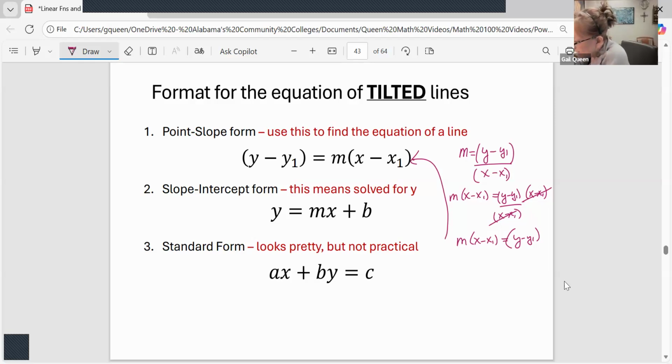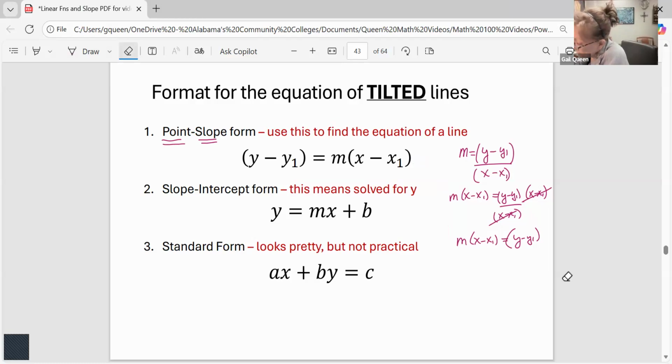And it's called the point slope form because you need a point and a slope to use it. Okay. Now, this is kind of an ugly format. The point slope format is ugly. And we don't ever leave our answer to the question in this form, but it is a starting point for us to find the equation of the line.